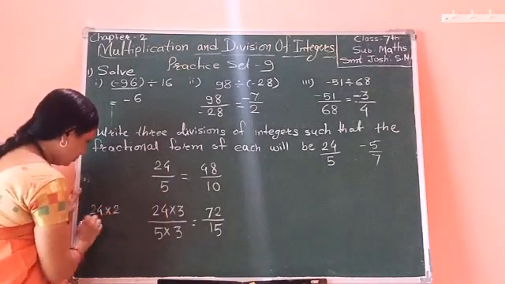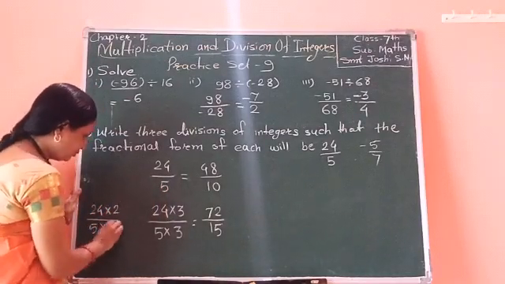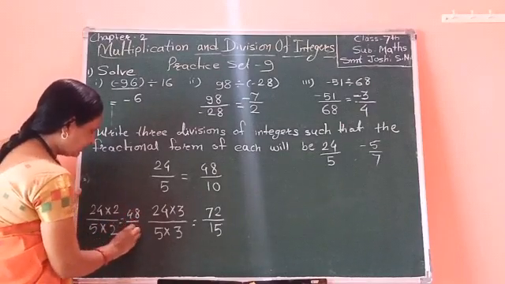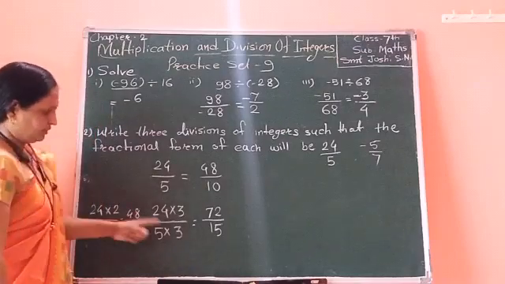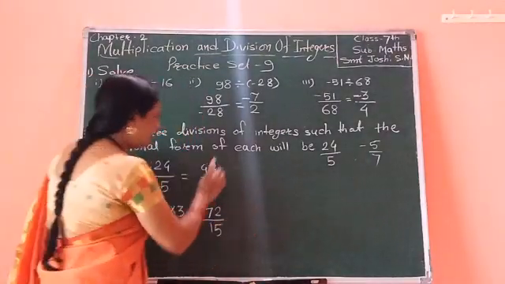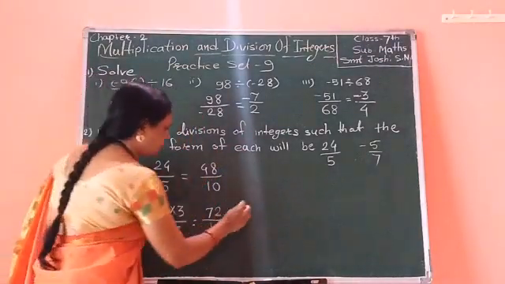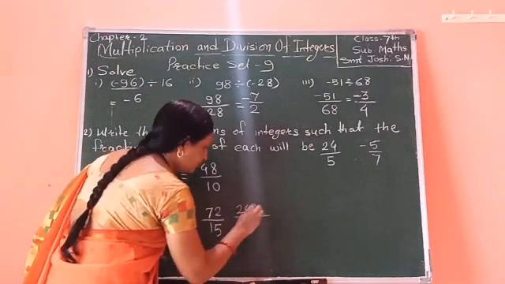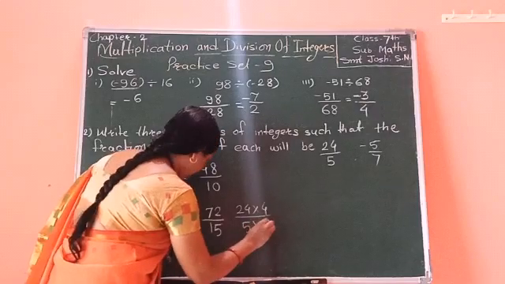To write the third fractional form, multiply 24/5 by 4.